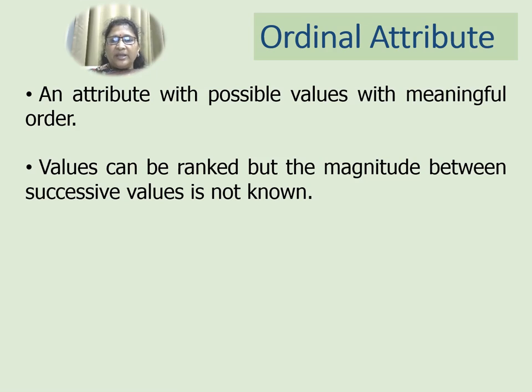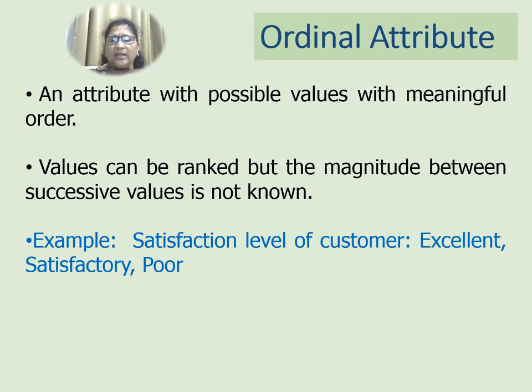These values can be ranked with magnitude, but the difference between two successive values is not known, and may not be equal. For example, say we are trying to find out the satisfaction level of customers. The customers are supposed to say whether the product was excellent, satisfactory or poor. Here the order has a meaning.